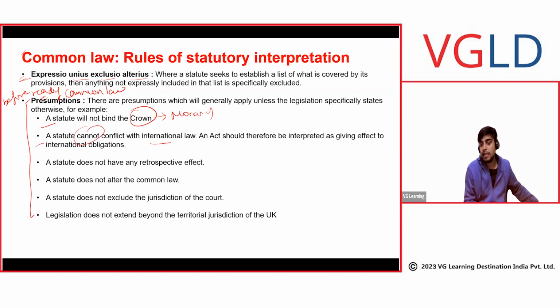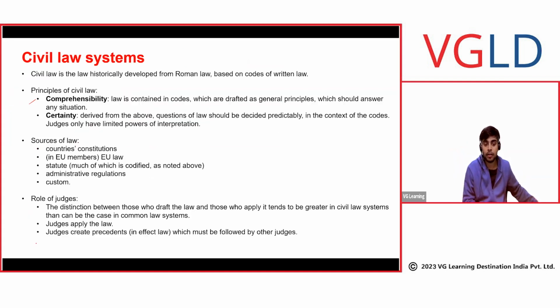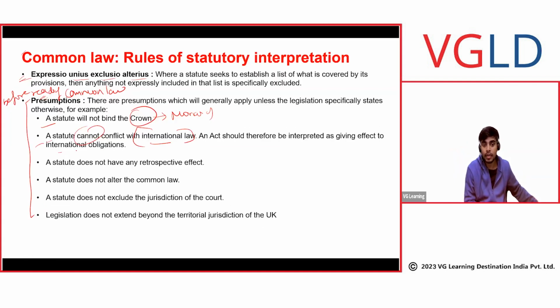A statute cannot conflict with international law. That we will discuss later. If there is an international law and we have a law made in the country, it should not conflict with the international law. An act therefore should be interpreted as giving effect to the international obligation. So what it means, let's say national law says something, and then there is international law.